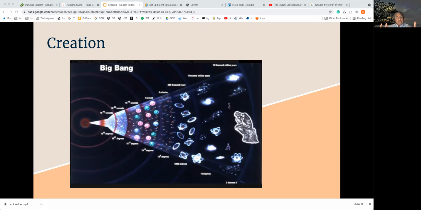The bottom line is there is this energy involved, and this energy burst out with the Big Bang, and in a fraction of a second, it expanded, and it threw out gases, dust, and some of that dust coagulated to form meteorites and planets and stars as we know them.